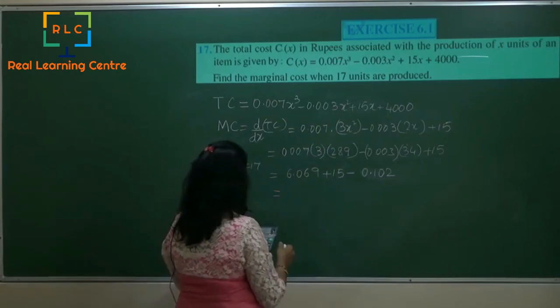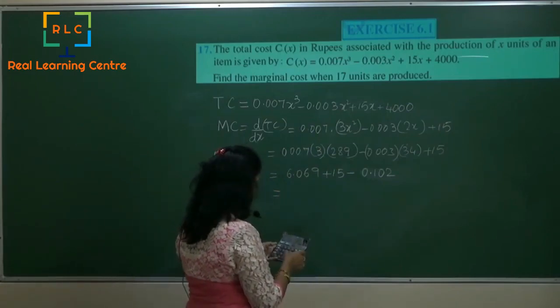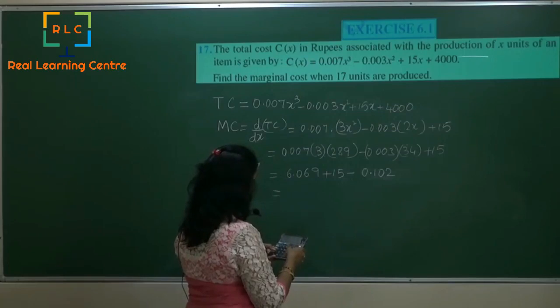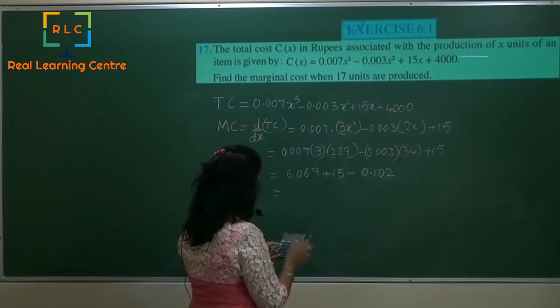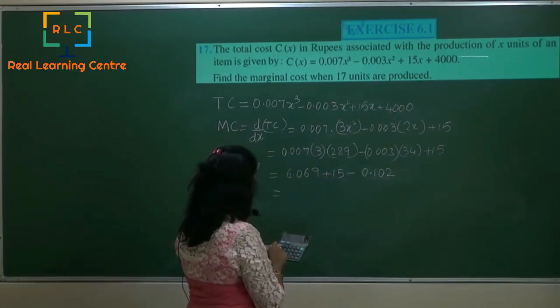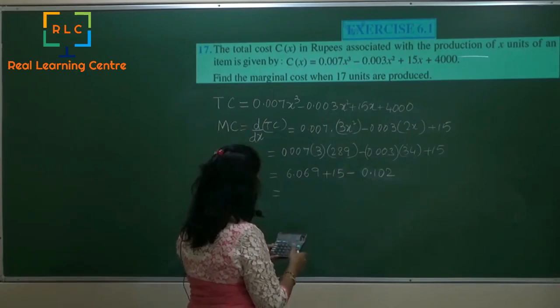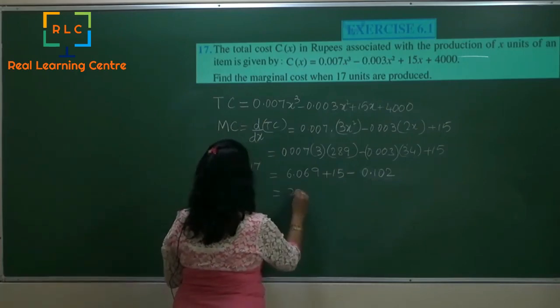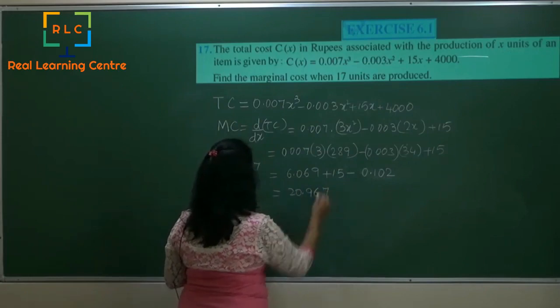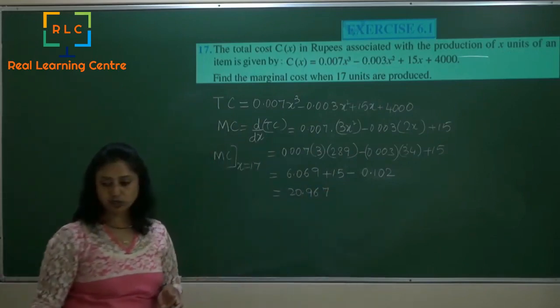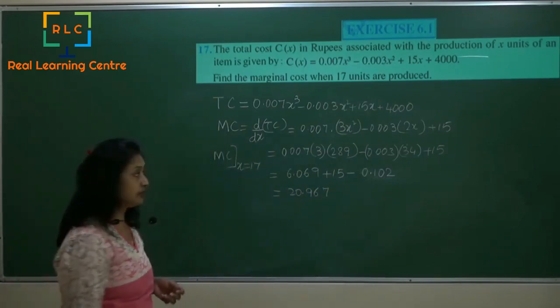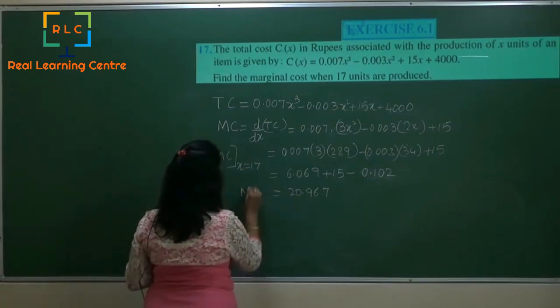Then 6.069 plus 15 minus 0.102 is equal to 20.967. Now this is the marginal cost.